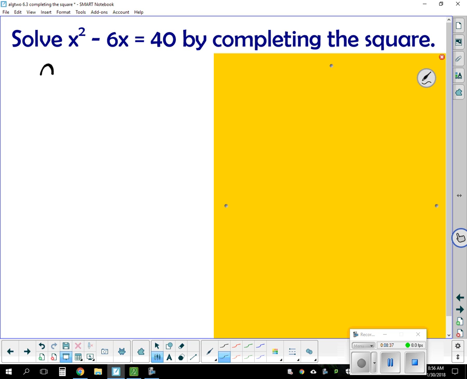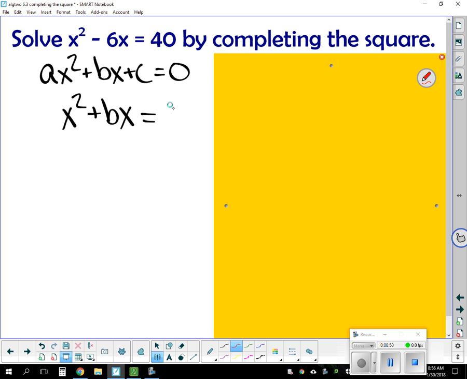So normally we're in the form ax squared plus bx plus c. When we're completing the square, it's actually going to be the best if you're in the form x squared plus bx equals whatever this happens to be. It's not necessarily going to be your c because you're going to do stuff to it. Okay? So we want just the quadratic and the linear term over here, which is what we have.